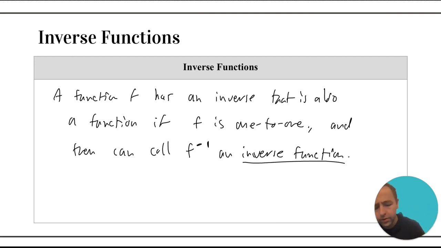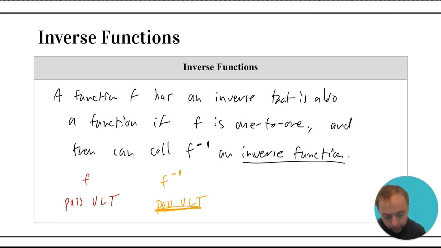Putting this into more simple terms, it really just means that you need f to pass the vertical line test in order for the original thing to be a function, and then you need the inverse relation to then also pass the vertical line test, and then you can call that inverse also a function.